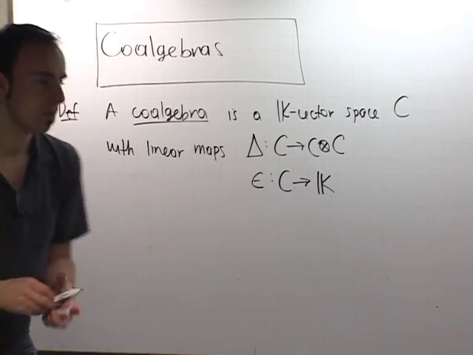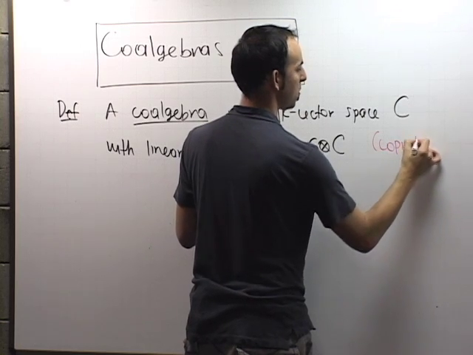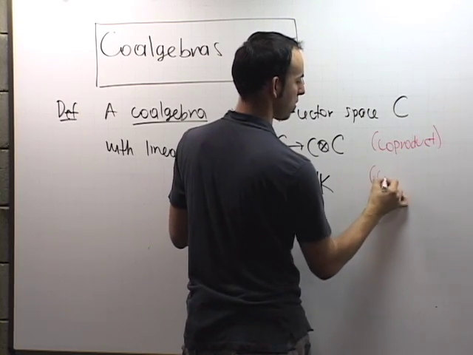And so we call this the coproduct or co-multiplication, and we call this the co-unit.